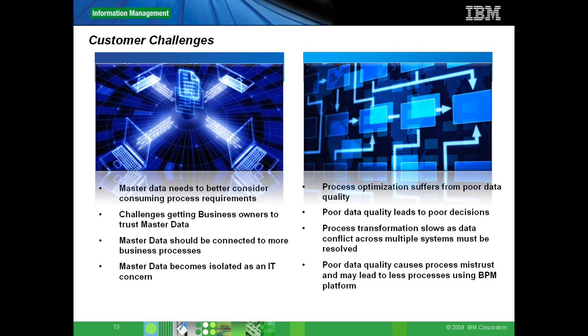So basically, these are the challenges which will exist if you don't have MDM and BPM working together. Although they address certain problems individually, on an overall side, each one needs the other.